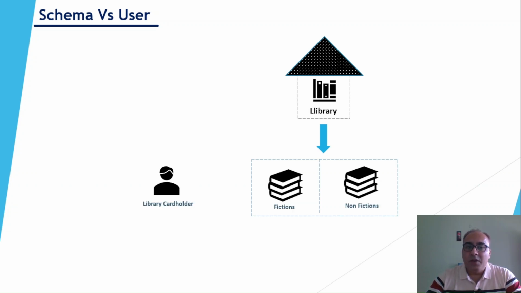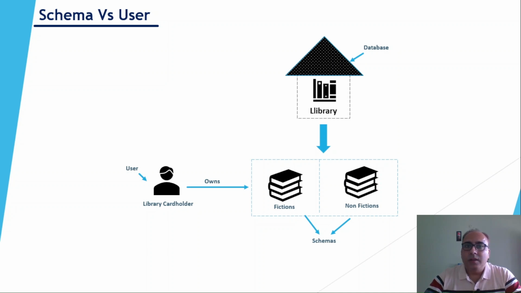We have one person who is a library card holder and has access to the fictions books, so he or she owns the fictions section. In this example, the library is the database, fictions and non-fictions are different sections, which we can call schemas, and the library card holder is a user.